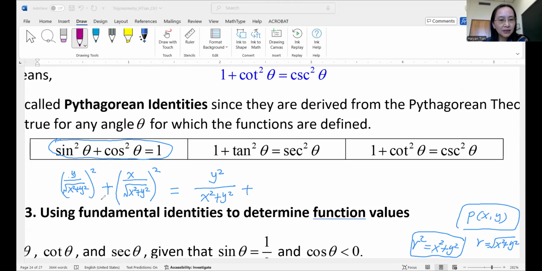I noticed that the two fractions have the same denominator. Then we can simply add numerators while keeping the common denominator. Add numerators.